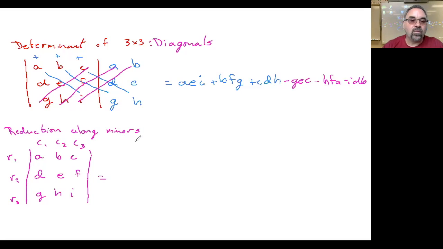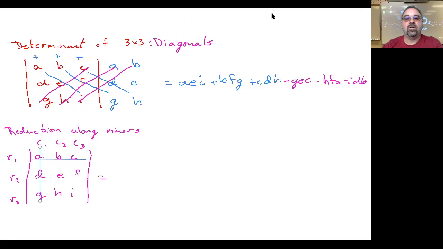So when we get into this reduction by minors, that's how I'm going to know whether the coefficient is positive or negative, by looking at the sum of the two position numbers. A minor is simply this: you take whatever element you want, and in this case I'm going to start with A, and I'm going to cross out the row and the column that A is in.